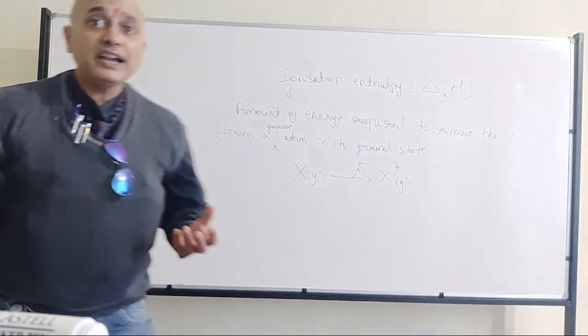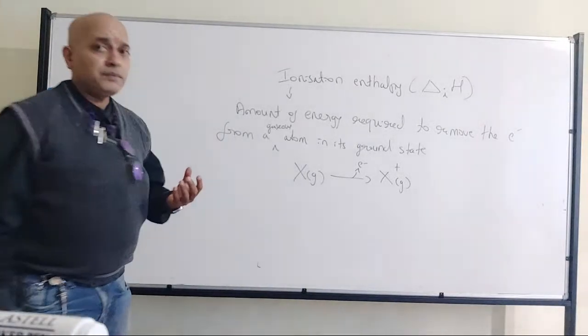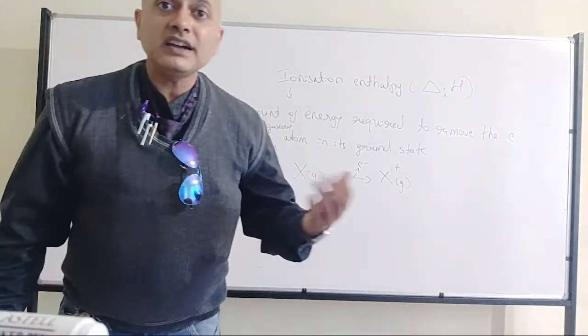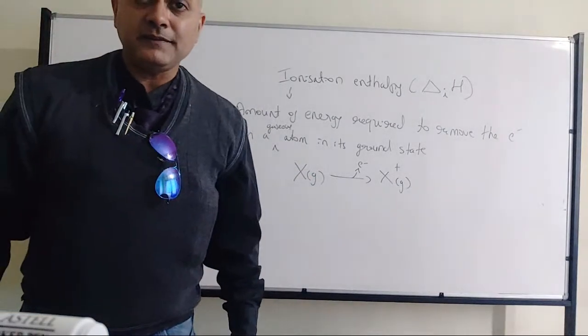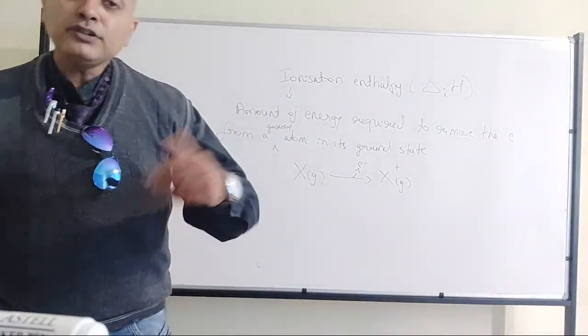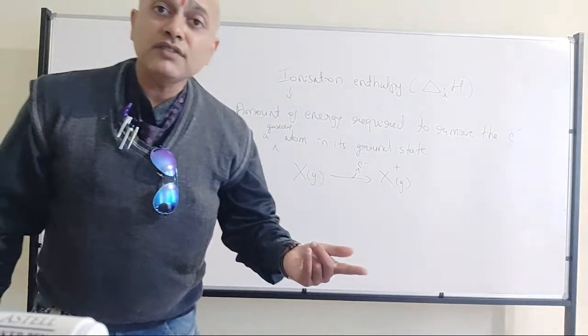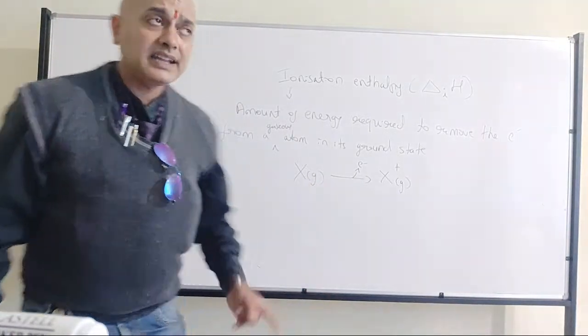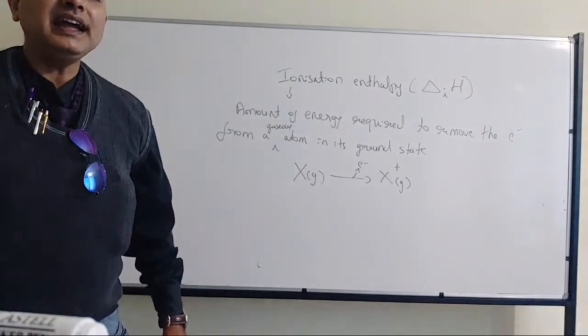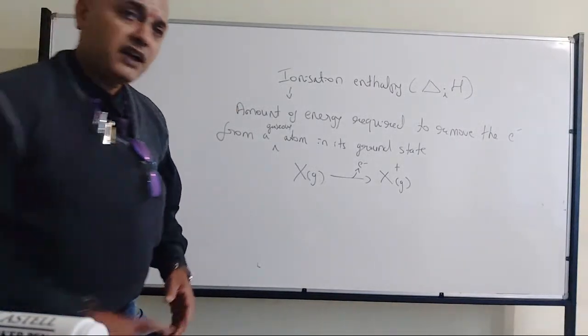When it comes to ionization enthalpy, the atom is getting converted into cation. So atom to anion in the case of electron gain enthalpy, atom to cation in the case of ionization enthalpy. All of you have understood?